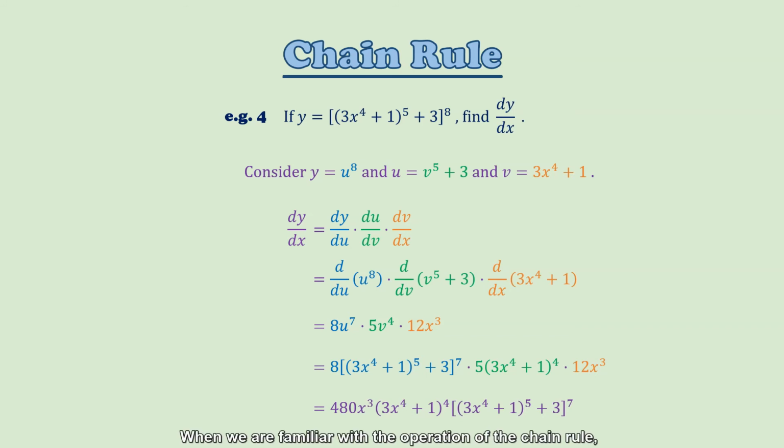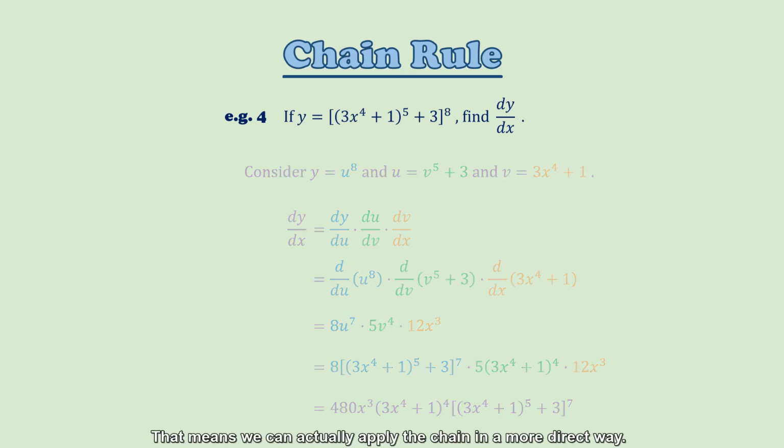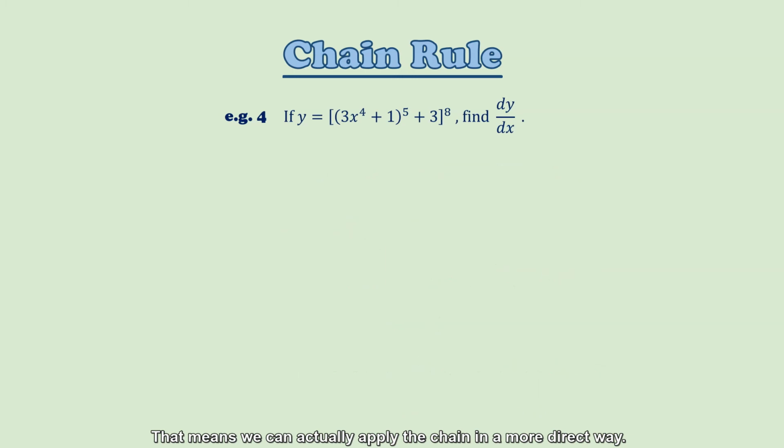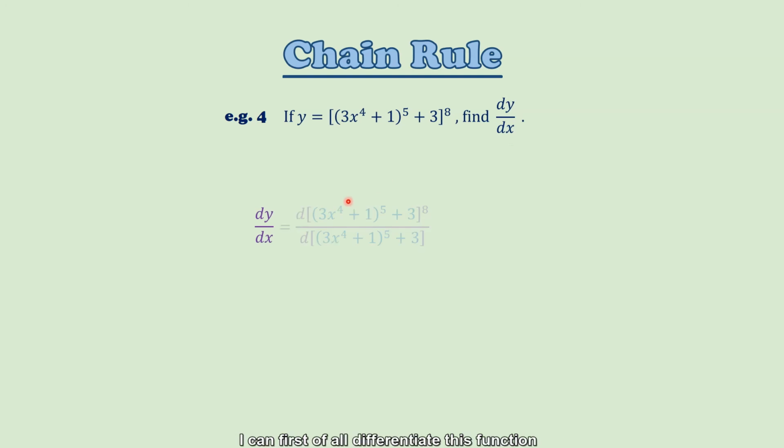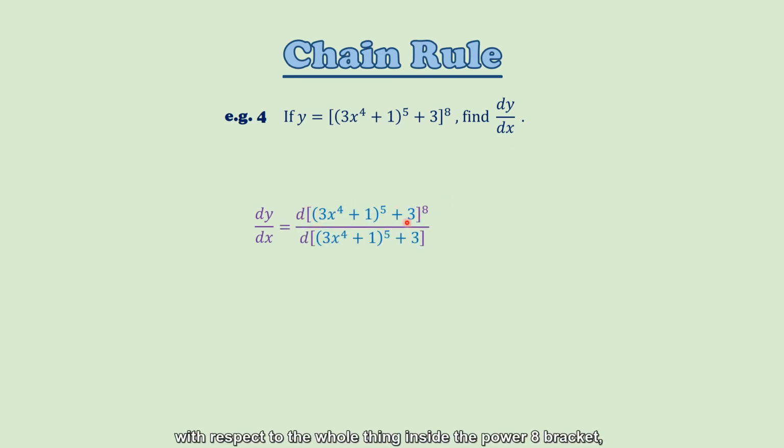When we are familiar with the operation of the chain rule, then we can actually apply the chain rule without defining variables u and v. That means we can actually apply the chain rule in a more direct way. That means in this example, to differentiate this, I can first of all differentiate this function with respect to the whole thing inside the power 8 bracket.